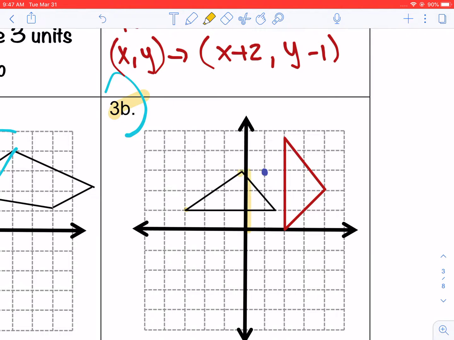I'm going to go 3 units up, so I'm going to go 3 units right. And then the last one, I'm going to take this in here, and I'm going to go 2 right, 1 up. That means that if I'm rotating, I'm going to go 2 down, 1 left. That's going to be my next point. See how I'm rotating these 90 degrees? I'm connecting these lines in these points.